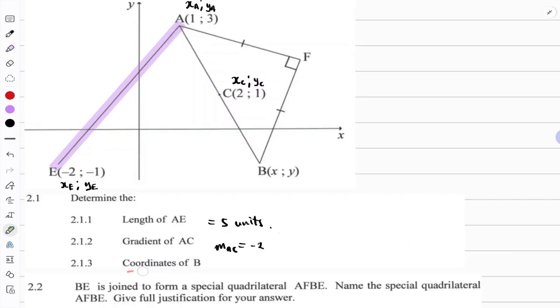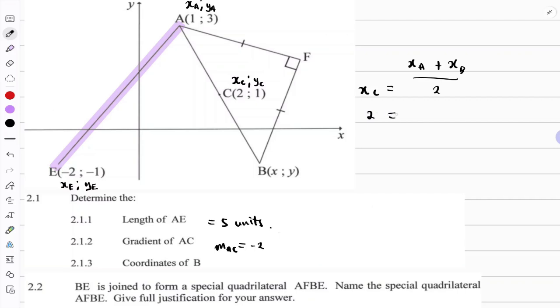So the next question wants us to calculate the coordinates of B. But you will recall that C is the midpoint of AB. So then XC becomes the average of A and B. So algebraically it looks like this. XC is equal to XA plus XB all over 2. But we have XC to be 2.